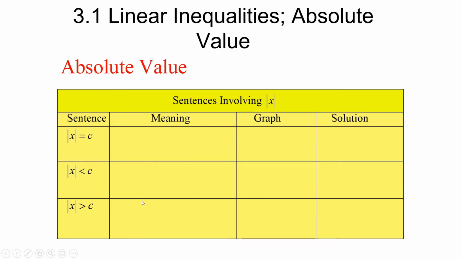Okay, now everybody draw this chart in your notebook and let's try to fill it out. All right, what does absolute value truly mean? The absolute value, like the absolute value of x equals c. Well, absolute value means a distance to 0 right here.